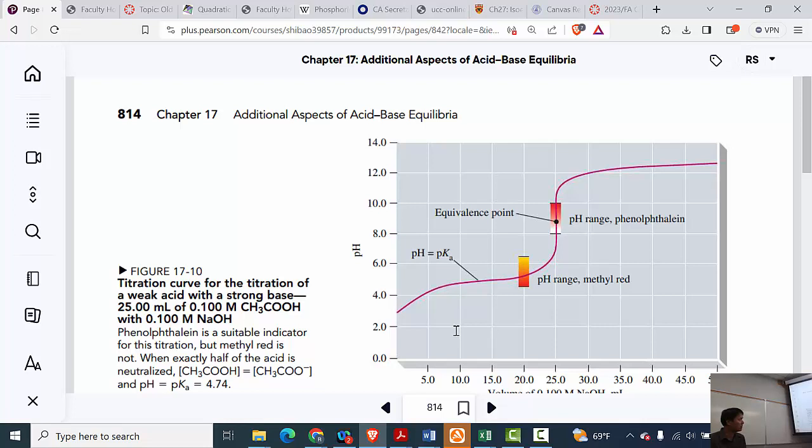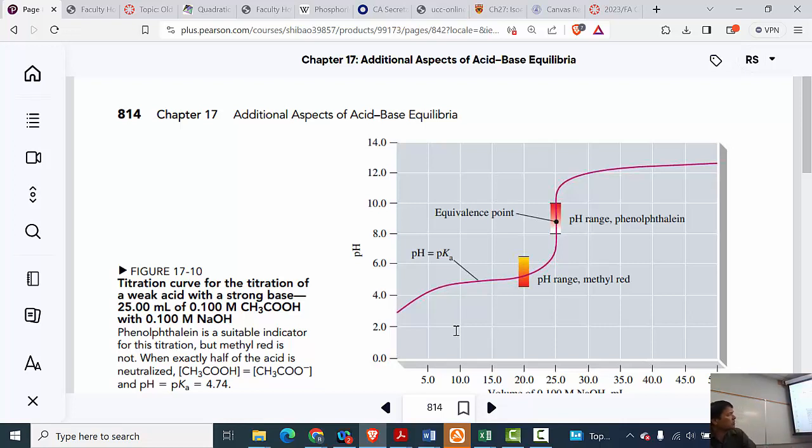And right when we're in the center here of the buffer region, that's when we have equal amounts of excess acid and conjugate base. And so we have a 50-50 base to acid ratio right in the center. And that would be the optimum pH. Because we can go backwards by adding acid, or we could go forward by adding base, and the pH stays fairly flat. Do you see that? I mean, it changes a little bit, but it stays fairly flat.